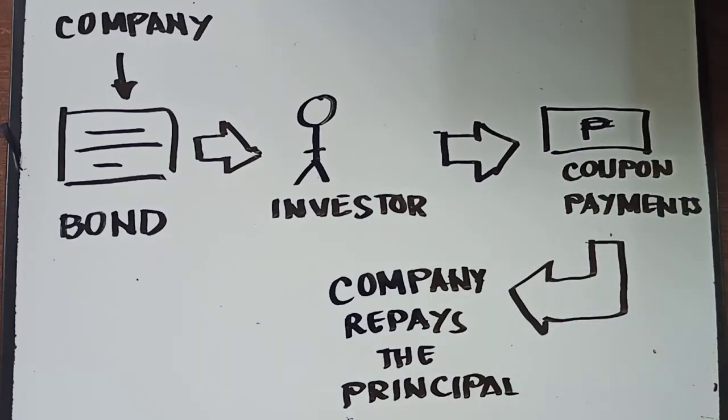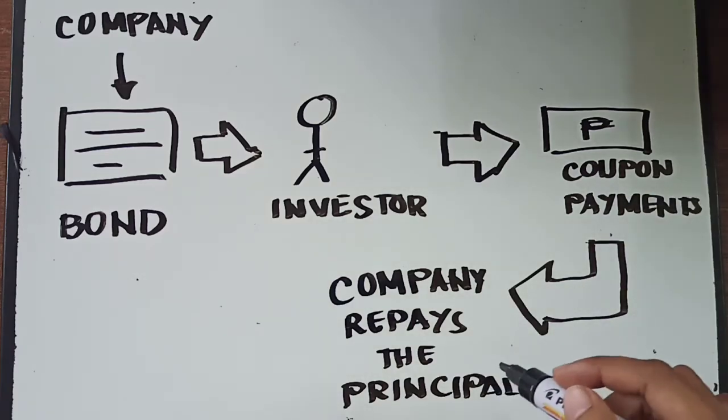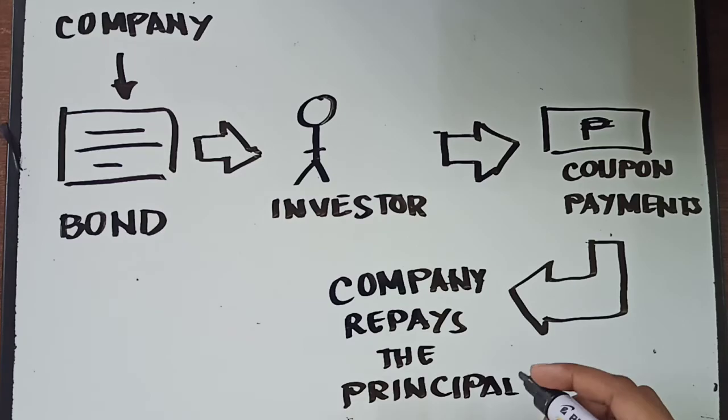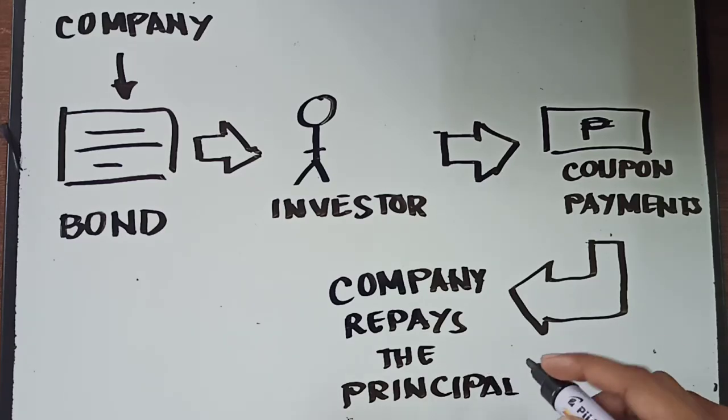So, again, that is what we call the coupon payment. So, that is the regular interest payment na ibibigay sa'yo nung bond issuer bilang kapalit nung pagpapautang mo sa kanila, okay? And next, once na dumating na yung maturity date, so again, when we say maturity date, this is the time when the principal matures.